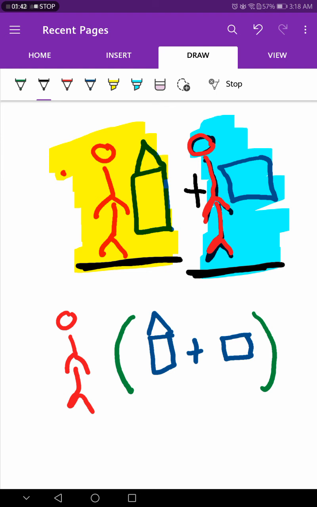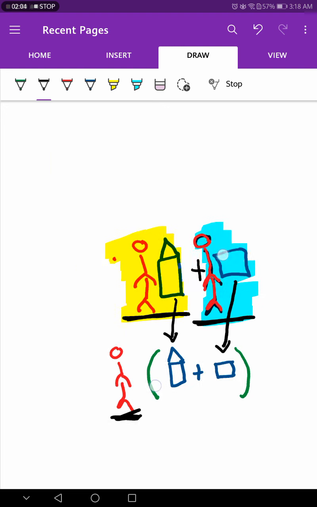So you can rid of the common outside. Okay? And what is left from the first term is the home, and what is left in the second term is the farm.